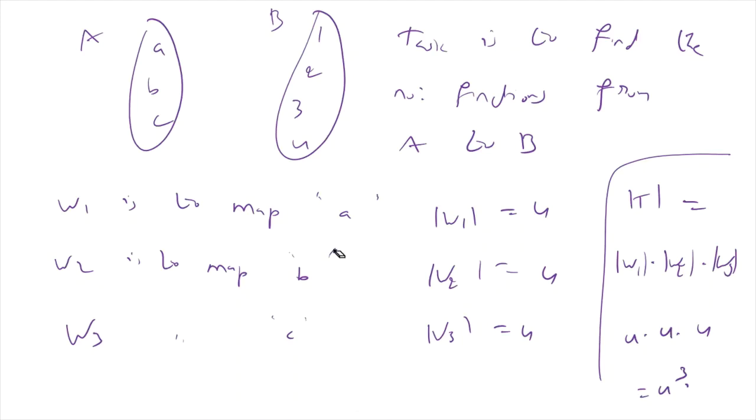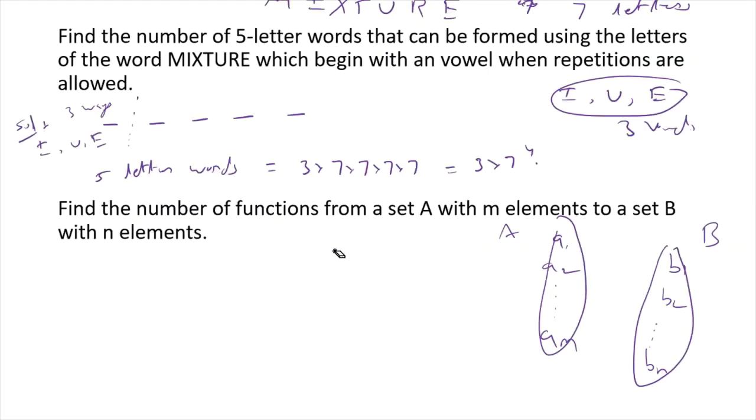So here also we have the same thing. The number of functions from a set A with m elements into a set B with n elements. A1 has n options. N options in the sense A1 can be mapped to any of these n elements.